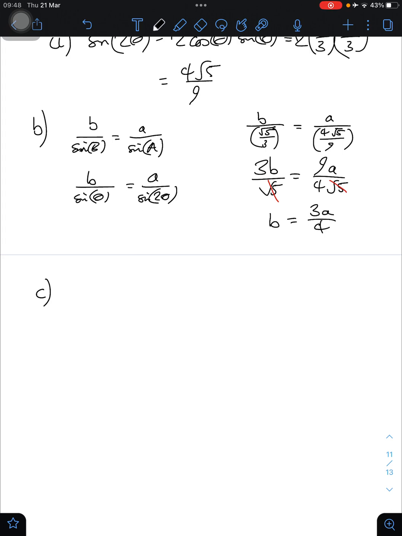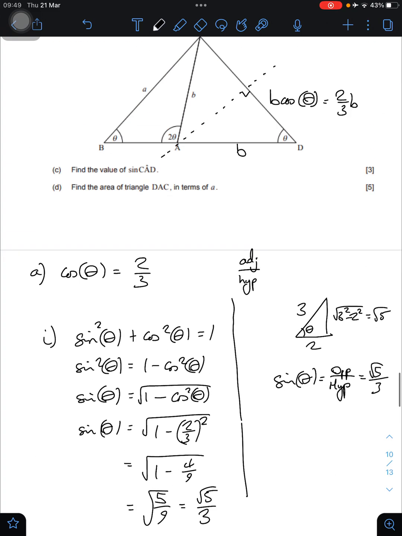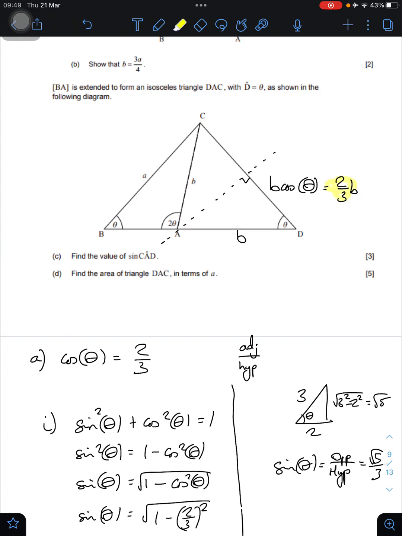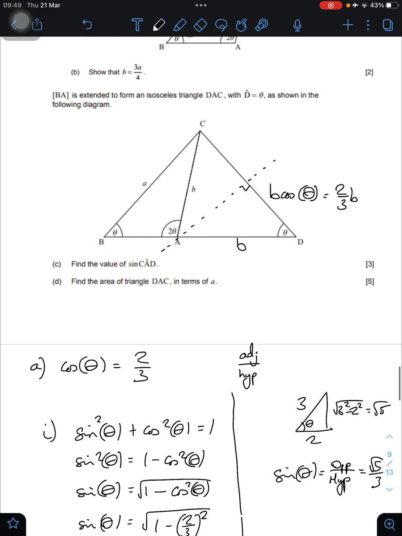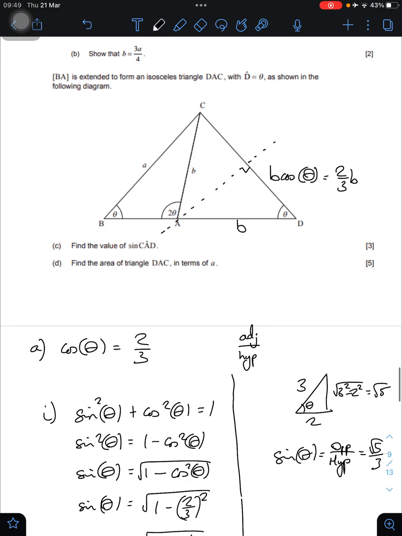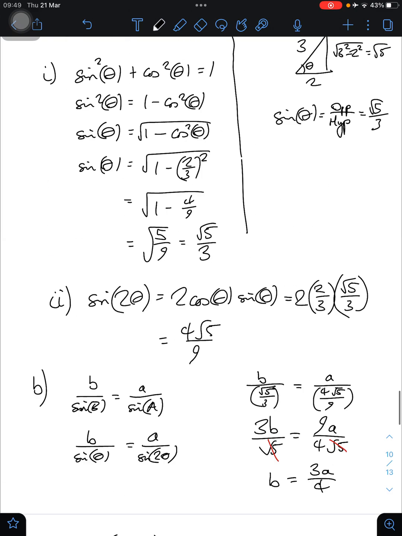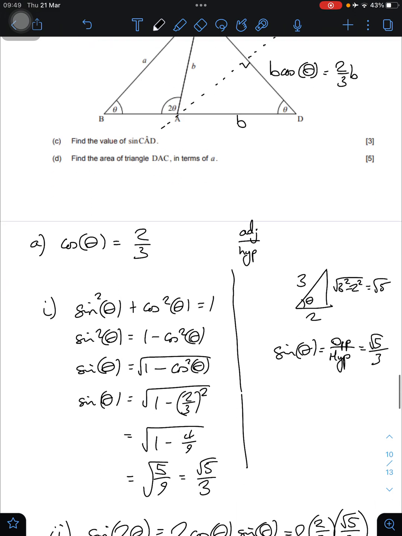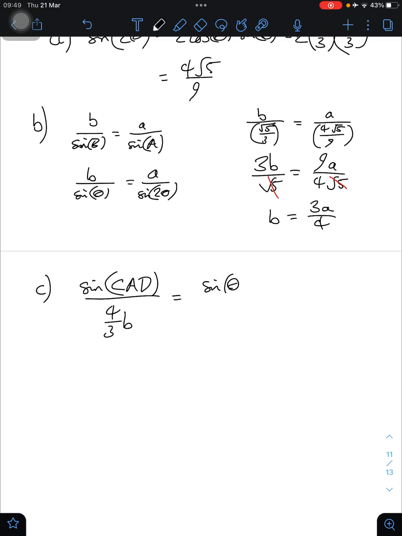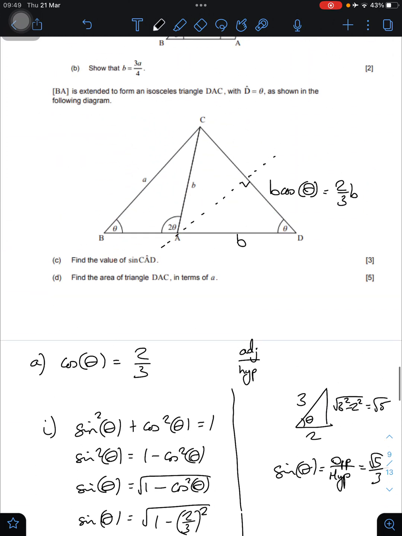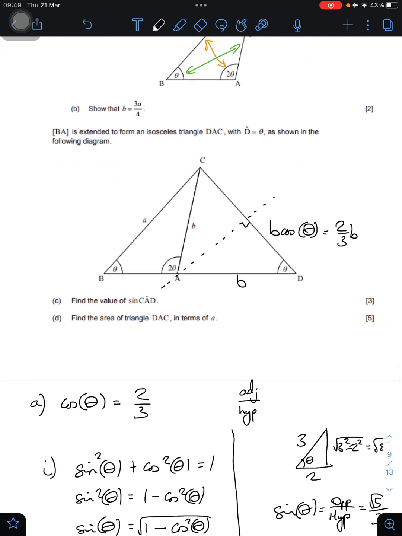And so our sine rule for this case here would be that sine of CAD is what we've just found, 2 lots of this, because it's that length and that length to be opposite to CAD, and so that'd be 4 over 3b. So we get 4 over 3b equals sine of theta over my value for b.